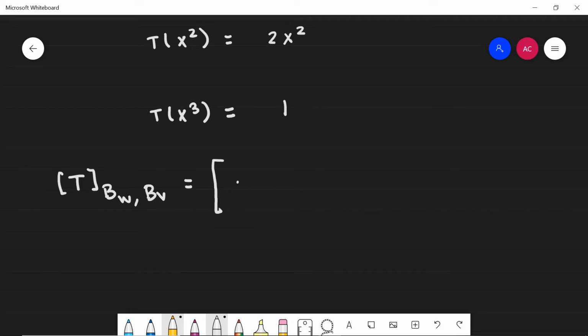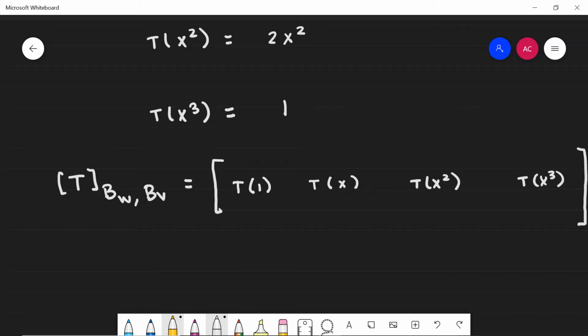I take T applied to 1, T applied to x, T applied to x squared, and lastly T applied to x cubed.